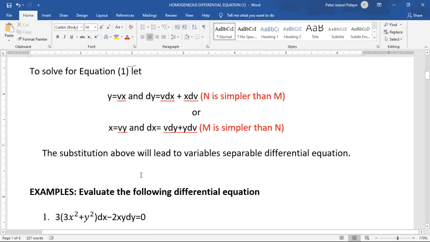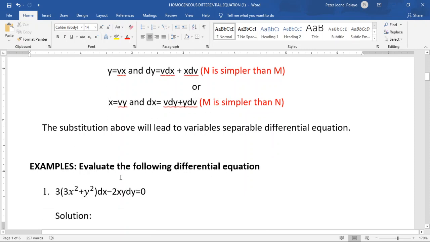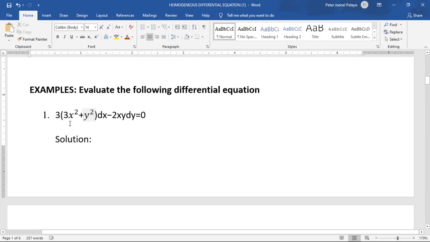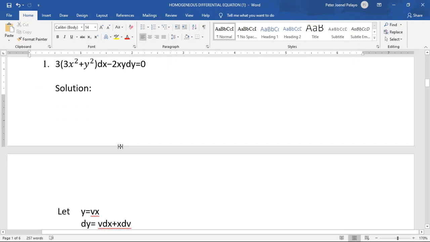So, now, we will evaluate the following differential equation. So, first is yung sample natin kanina, si number 3, the quantity 3x squared plus y squared dx minus 2xy dy is equal to 0. So, yun yung gagamitin natin. Solve natin equation.